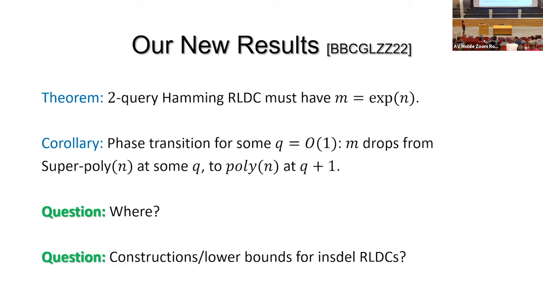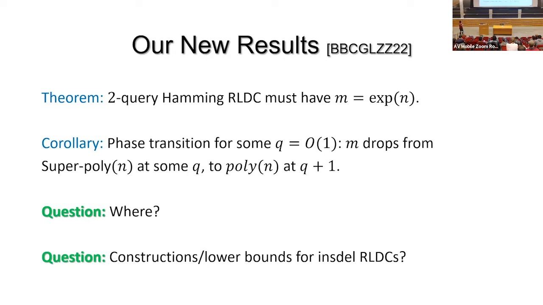From Q to Q plus 1, it drops from super polynomial to polynomial in n. One immediate question is, where exactly does this happen? Does it happen at Q equals 3, 4, 5? We have no idea where this drop could happen.